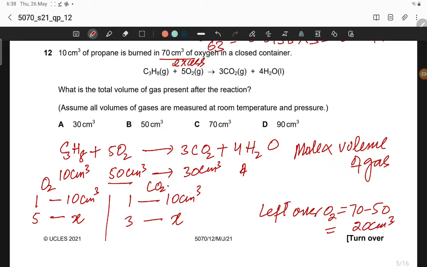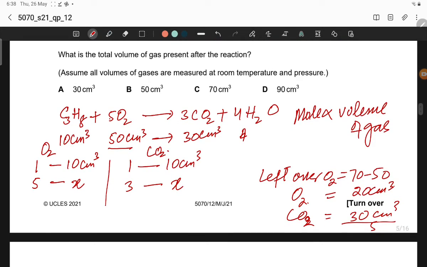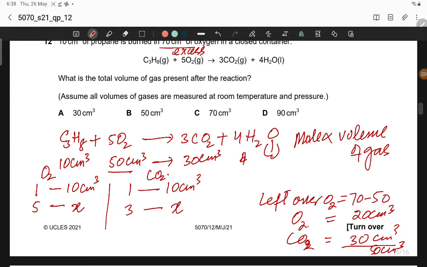So 20 centimeter cube left behind after the reaction is oxygen, and 30 centimeter cube of carbon dioxide will be produced. So total volume is 50 centimeter cube after the reaction. Water exists as liquid, so its volume is not considered. So 50 centimeter cube of gas present after the reaction.